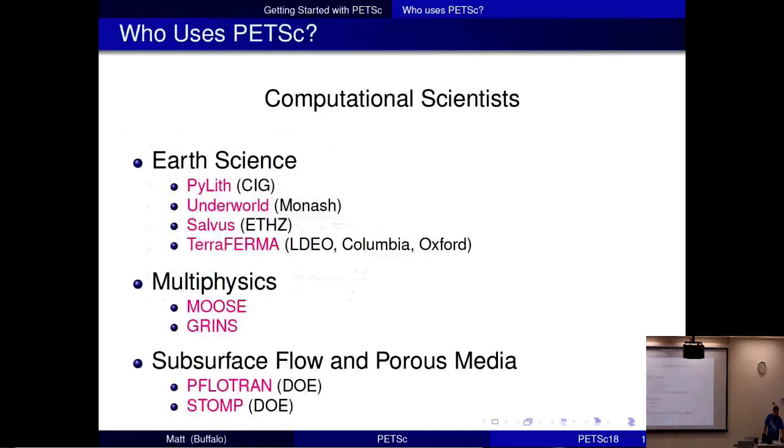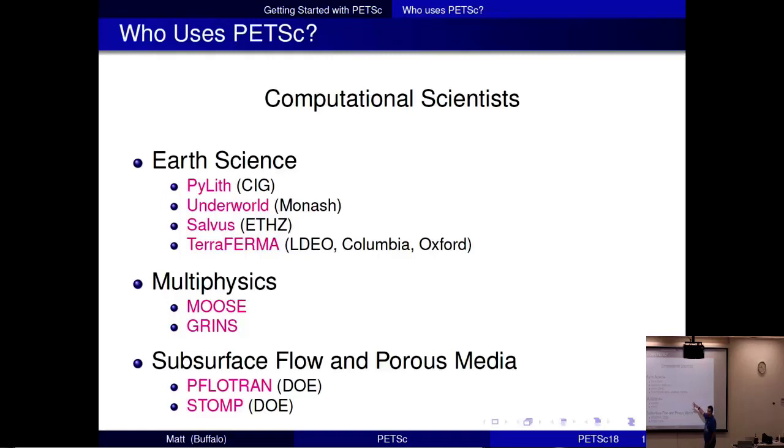So I just want to give examples. This is, of course, not exhaustive, but I want to try to give you ideas about how other people have used it so that you might see opportunities for yourself. So there have been many earth science packages built on top of PETSc, where PETSc is sort of at the lower level doing things like solving.